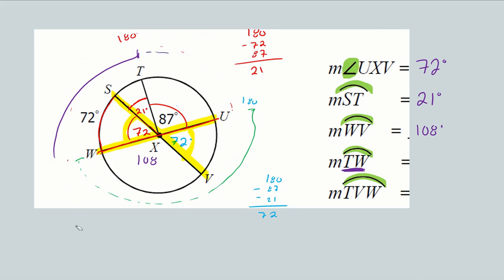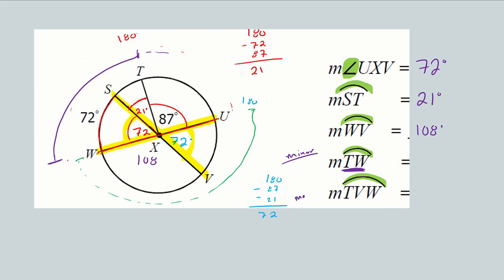So how do we know what's the difference? Well, if it's going to be a minor arc, then we normally use just the two letters and they represent the shortest distance between them. If I want a major arc, then I'm going to give you another letter that makes me go the opposite way of the minor arc.